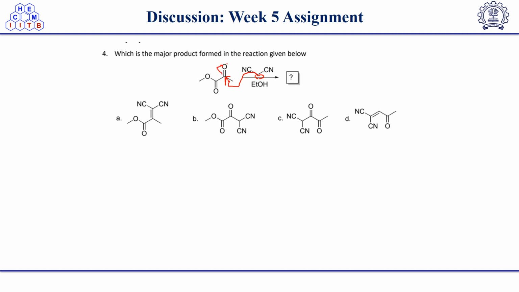Then, followed by that, dehydration will take place, that is the alcohol will be eliminated along with one proton here, and it will be converted into a double bond, and this CN will be there. So the correct answer will be this one.